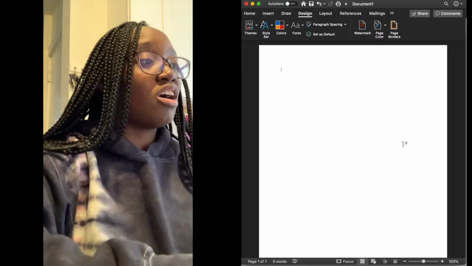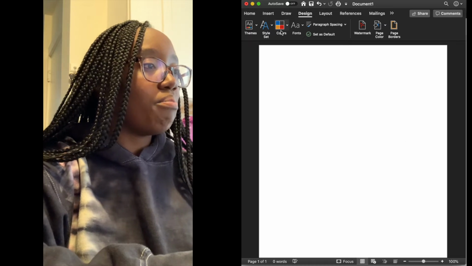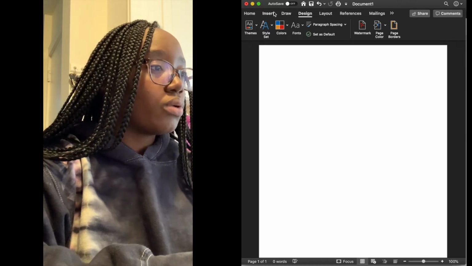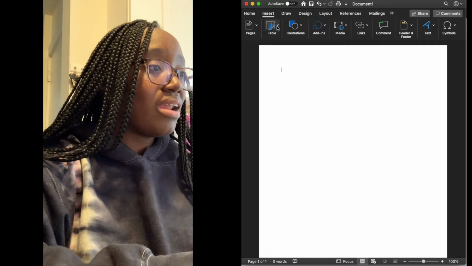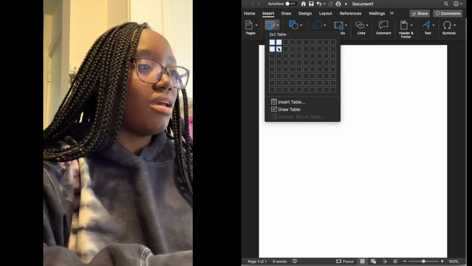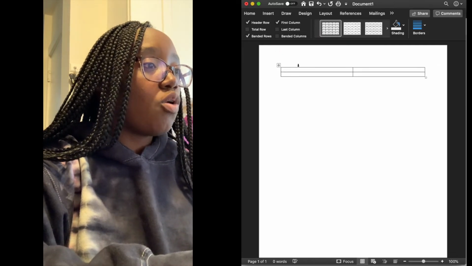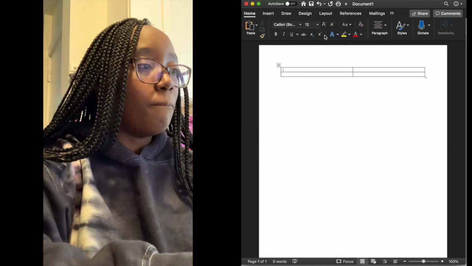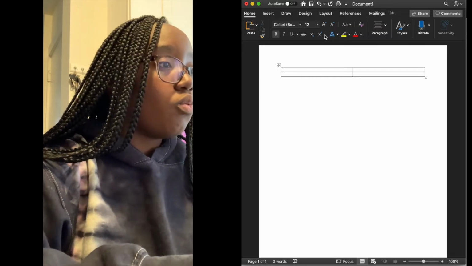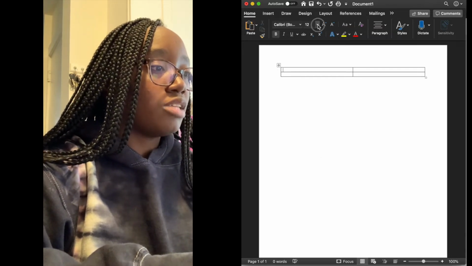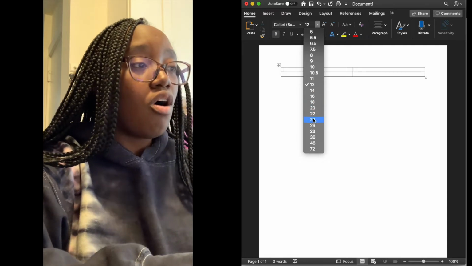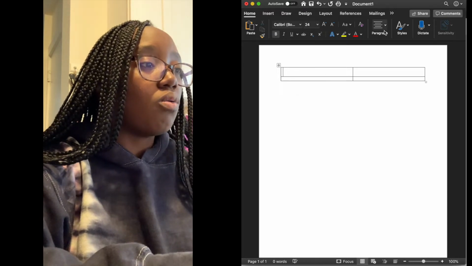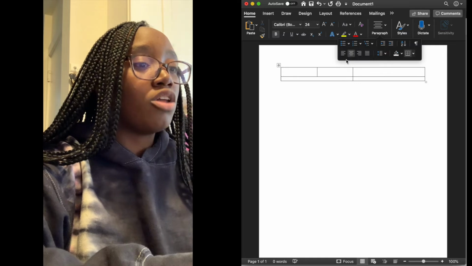So we're going to start by making a big box. We're going to add the table and add, let's say, 4 boxes. In the first box, we're going to make it bold and a bigger size because we want that to be the title of our anchor chart so we know what we're going to be putting under each.